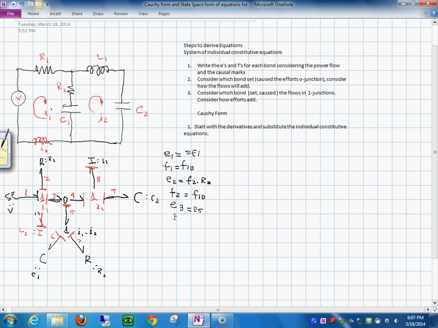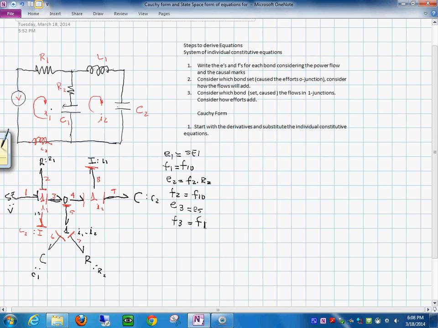And then F sub 3, how is F sub 3 originated? F sub 3 comes from F1 minus F2 minus F10. That's what F3 is.